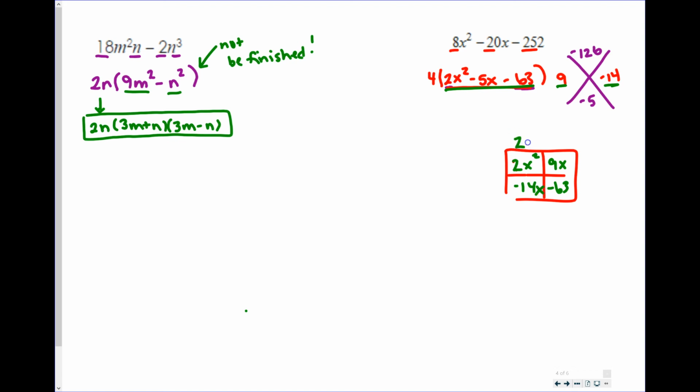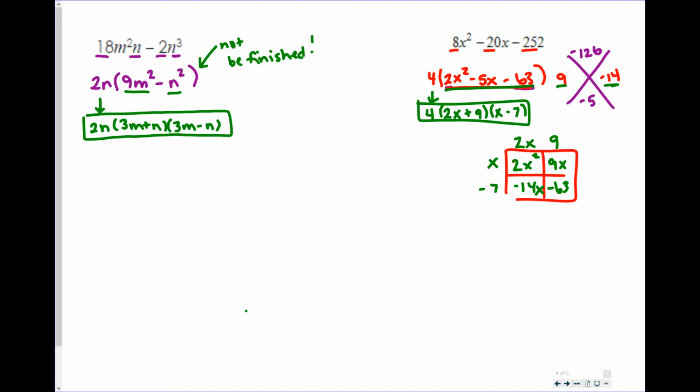I know the GCF here is 2x, I know this GCF is x, I know this has to be 9, because 9 times x is 9x, and this has to be negative 7. So my final answer, I pull down my 4, I'm going to put 2x plus 9 here, and x minus 7 here. Okay?